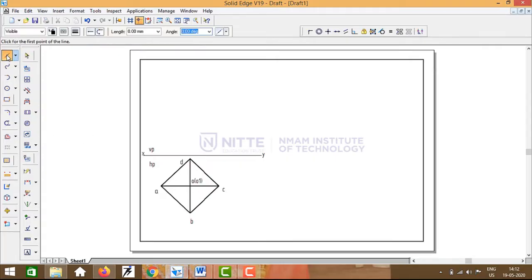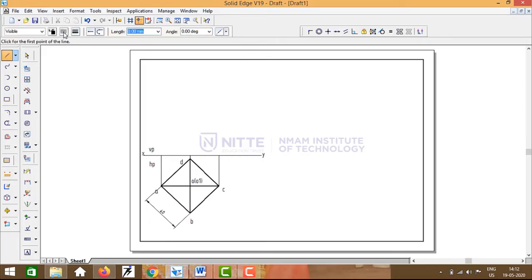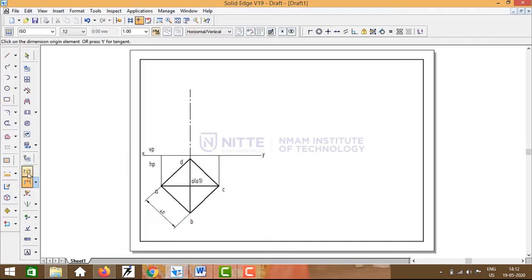To get the front view, from all the top view points, draw the projection up to the XY line. Axis height, it should be center line, it's given 65 millimeter. So draw it randomly first, then you can give the dimension.